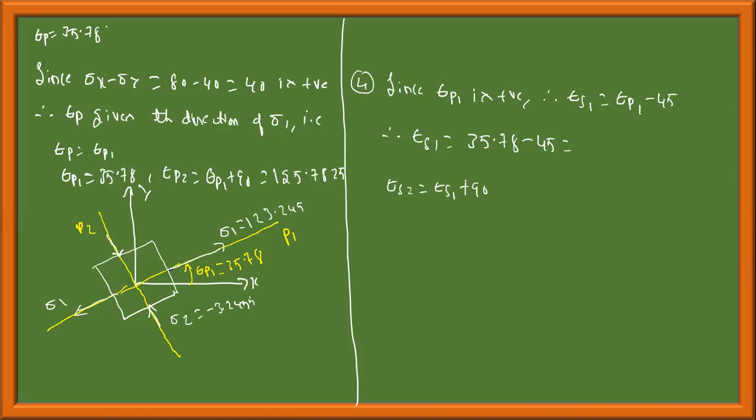How much theta S1? Since theta P1 is positive, theta S1 is equal to theta P1 minus 45. How much theta S1? 35.78 minus 45. How much is it?